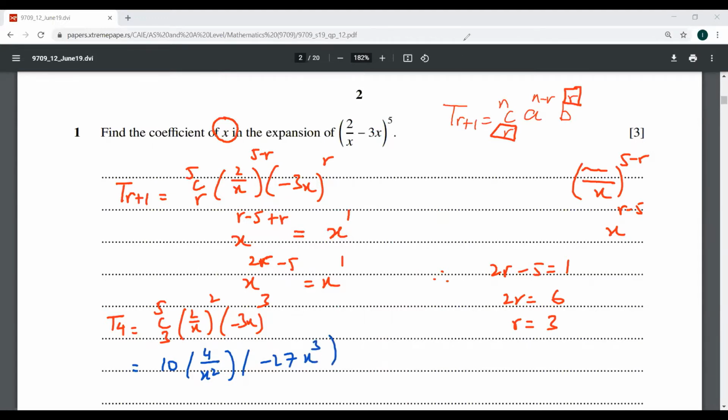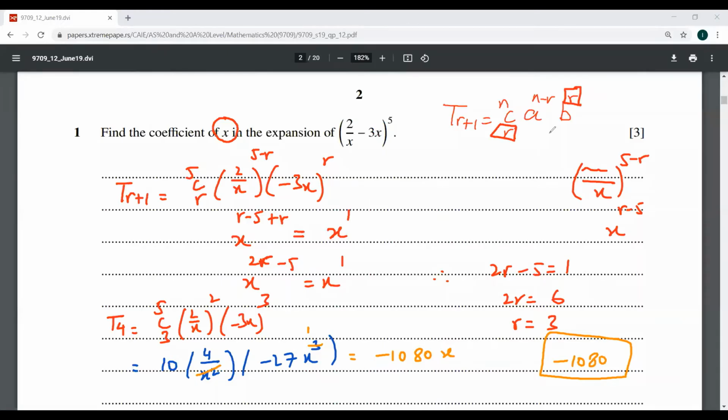You see, these will eventually be cancelled out, and you will have that x with you. So this is going to be minus 1080x. So the coefficient of x is minus 1080. Write that at the end, that this is your answer here, minus 1080, okay?